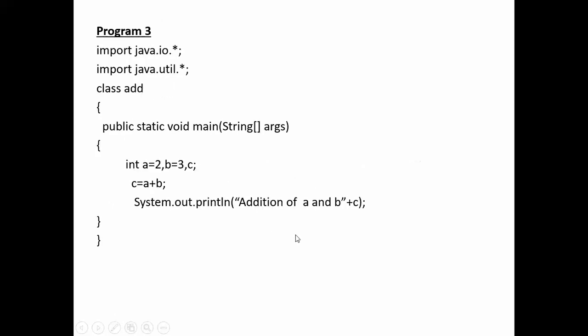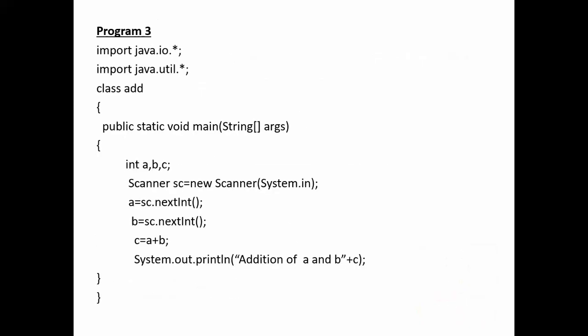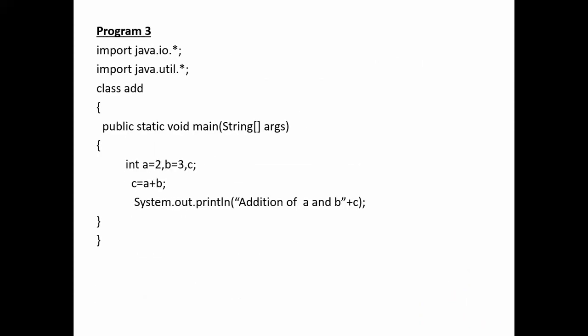So let us move to the next program. If you observe this program, here I consider two packages: import java.io.* and import java.util.*. In this program I am not going to utilize the util package.